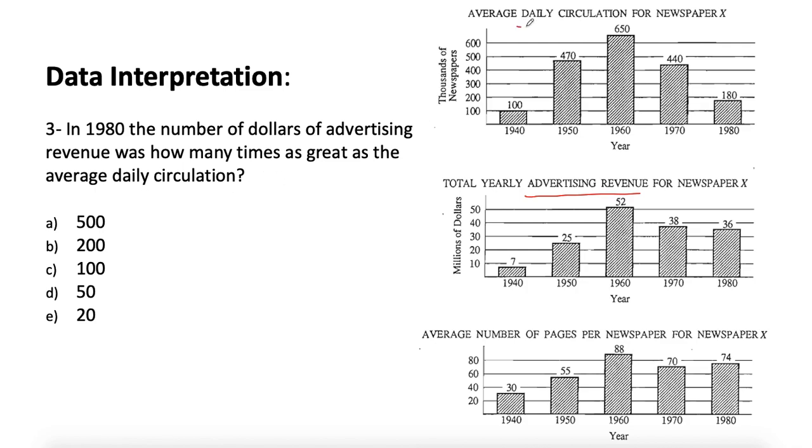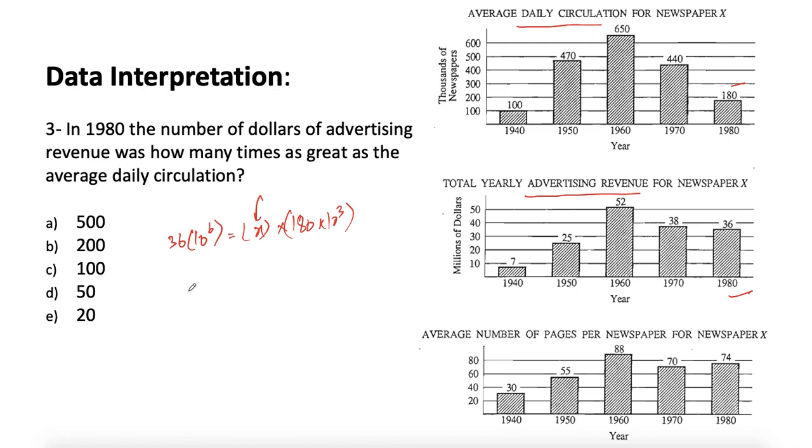The question asks for 1980, so total yearly advertising revenue for newspaper X in 1980 is $36 million, which is 10 raised to power 6, and this is how many times as great as the average daily circulation for 1980, which is 180,000. Let's call this X.